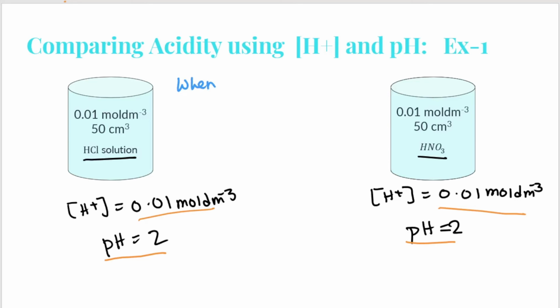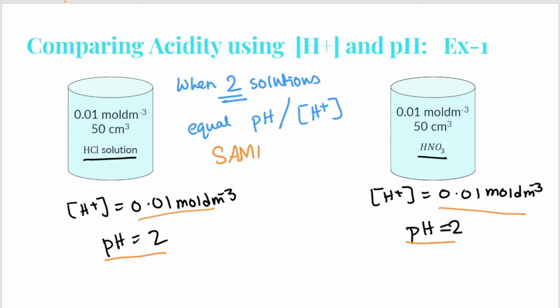Well, when two solutions have equal pH or hydrogen ion concentration, they tend to have the same acidity.